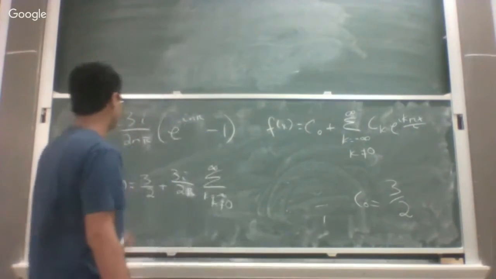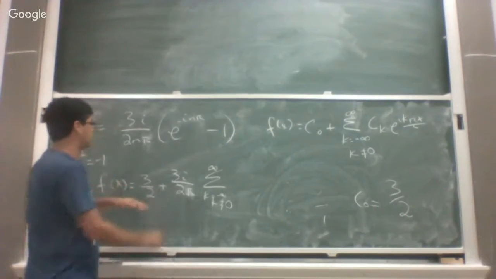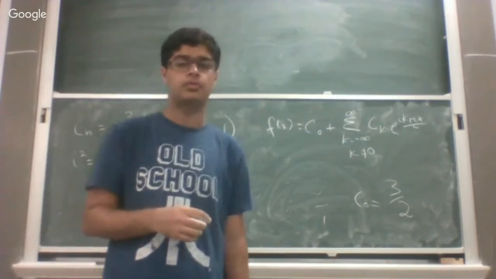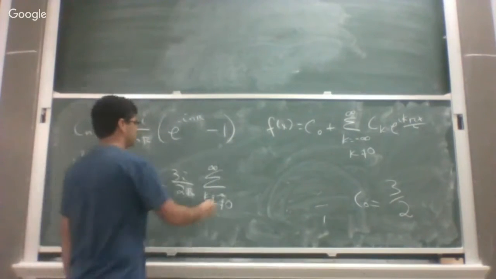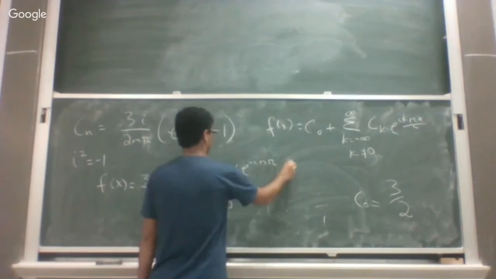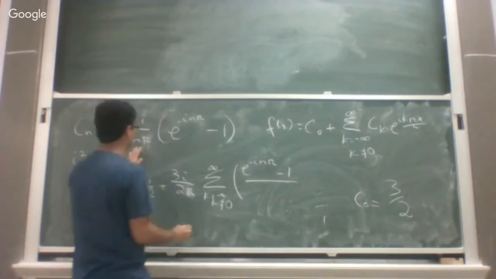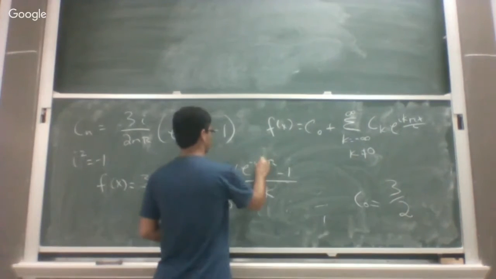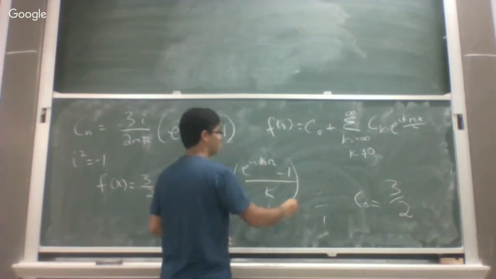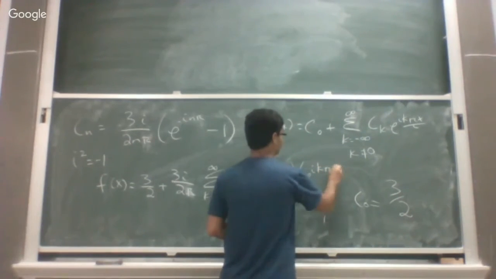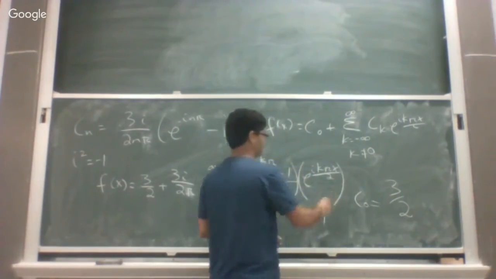That's why I had the constants be outside here. So then I have e to the negative i n pi minus 1 divided by n, which in this case now is k. So this is negative i k times e to the i k pi x over L, which was 2.